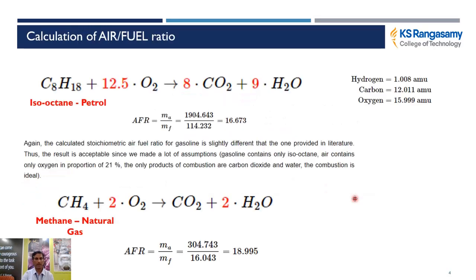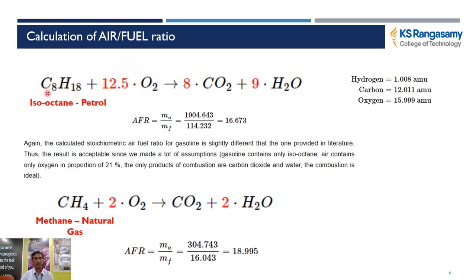How do we calculate that 14.7 for petrol? We know the chemical formula is isooctane, C8H18, and we need oxygen. The combustion output is CO2 and H2O. Chemically we can balance this equation: we add 12.5, 8 and 9. Then we have to find the mass of the fuel and the mass of the air.